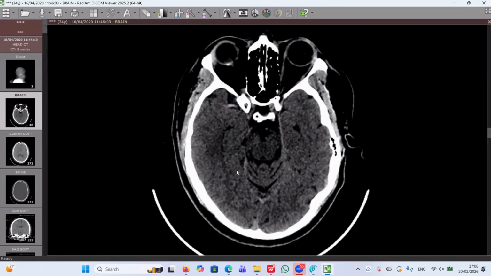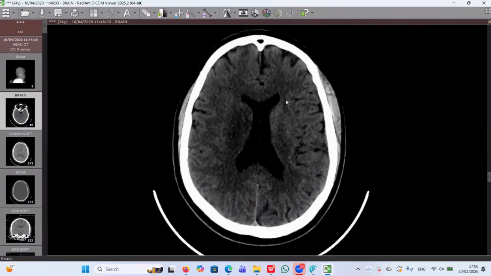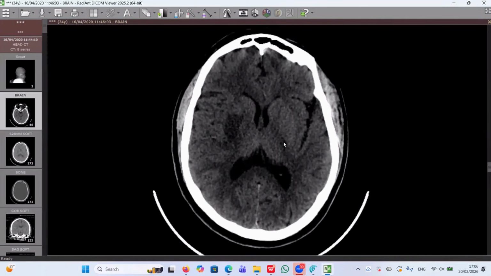If the intraluminal thrombus is more than 8 millimeters, this is considered a bad prognosis. Also, any signs of brain herniation are a bad prognosis, and we don't have any here. So bad prognosis is ASPECTS 6 or below, an intraluminal thrombus more than 8 millimeters in length, or any signs of brain herniation.